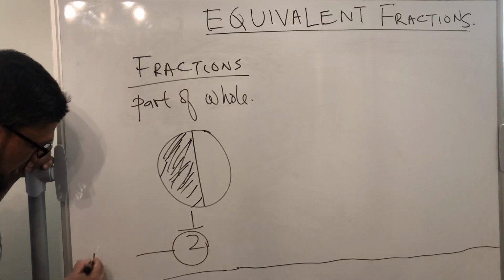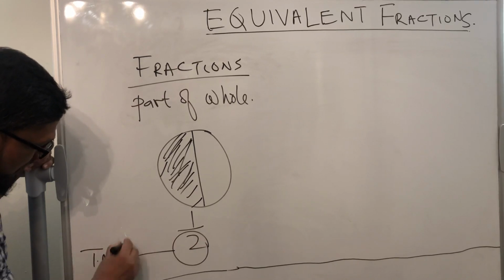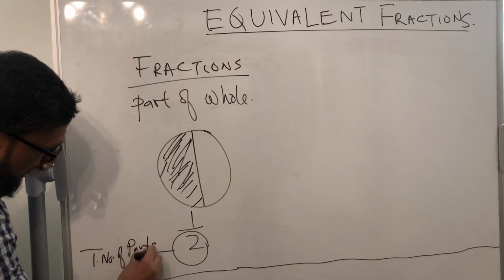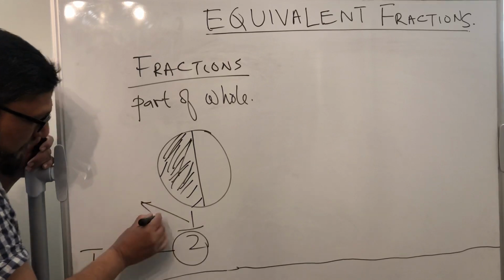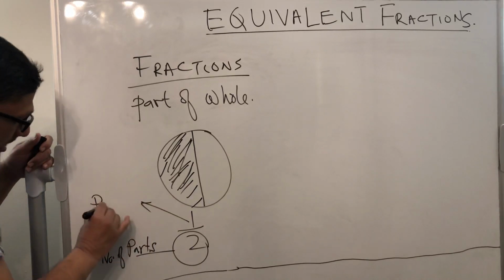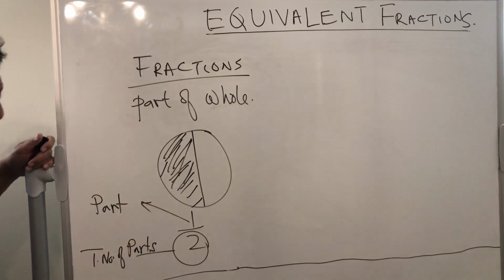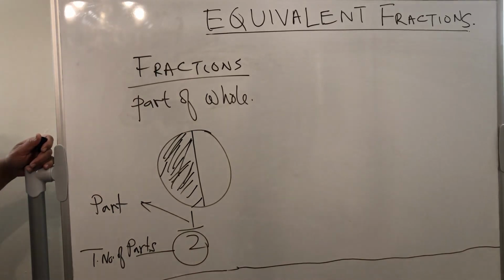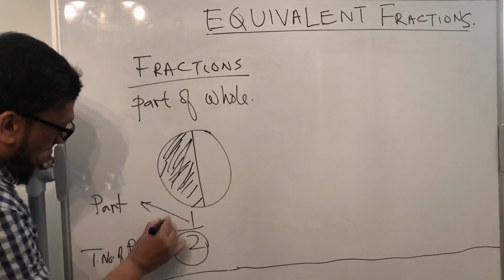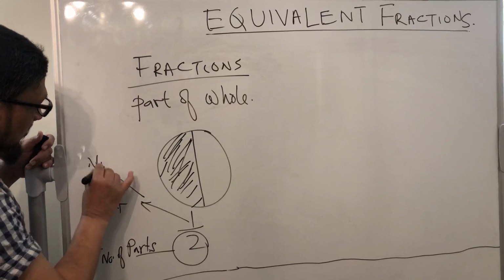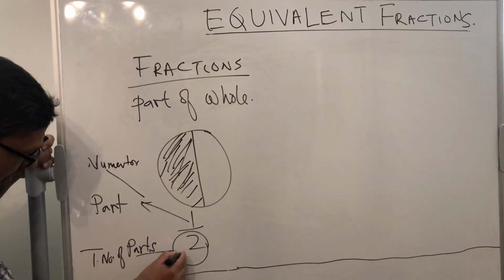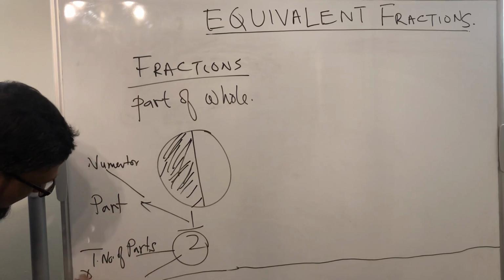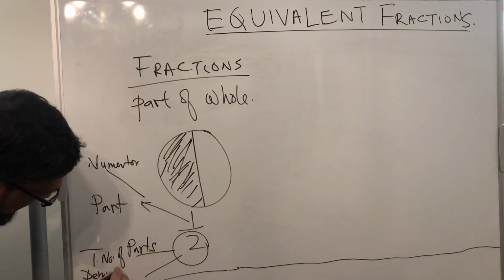This is the total number of parts. And this is the part which I finish, which is called the numerator, and the bottom part is called the denominator.